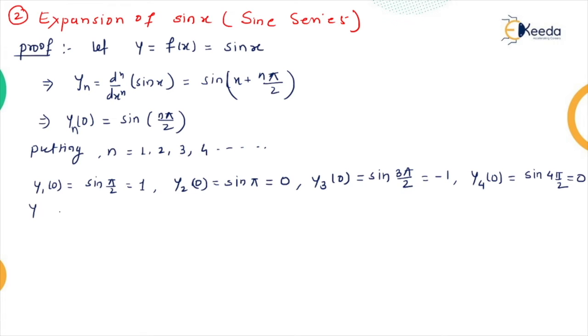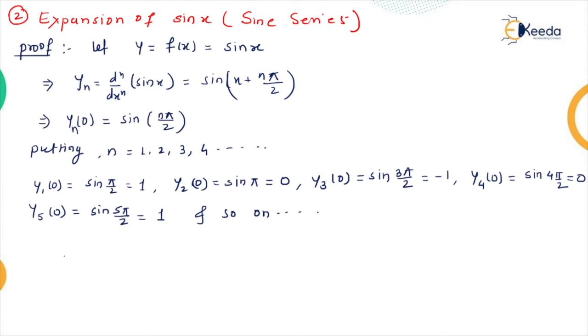And y5 of 0 is sin of 5 pi divided by 2, which is 5 times 90, so it becomes 1. So y1 of 0 is 1, y2 of 0 is 0, y3 of 0 is minus 1, y4 of 0 is 0, and y5 of 0 is 1, and so on. We have to take the nth derivatives.